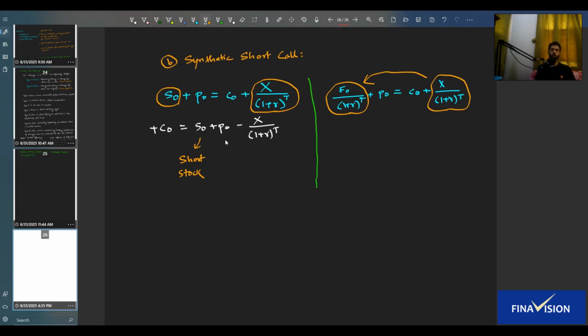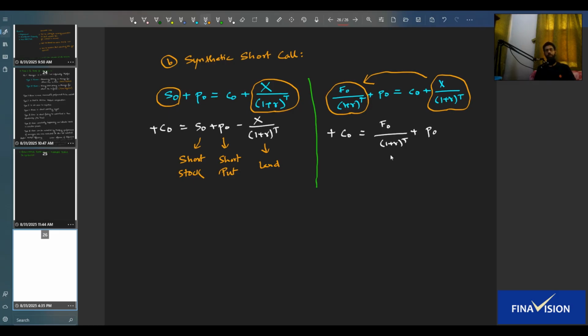Then there is an inflow due to the put option. So short the put or sell the put. And there is a cash outflow, minus present value of the strike, which means lend. Right? And in terms of put call forward parity equation, plus C0 can again be written as plus C0 is equal to the present value of the forward contract plus the put option premium.